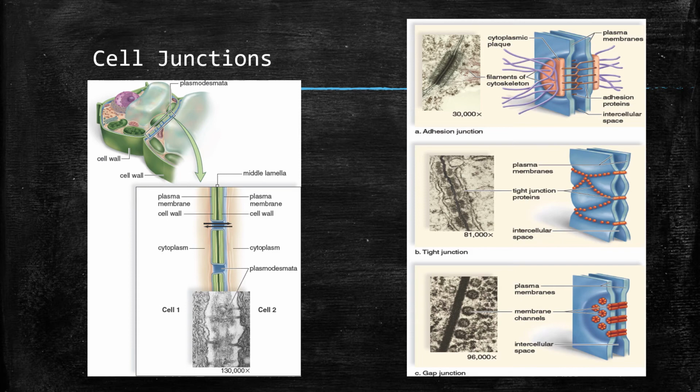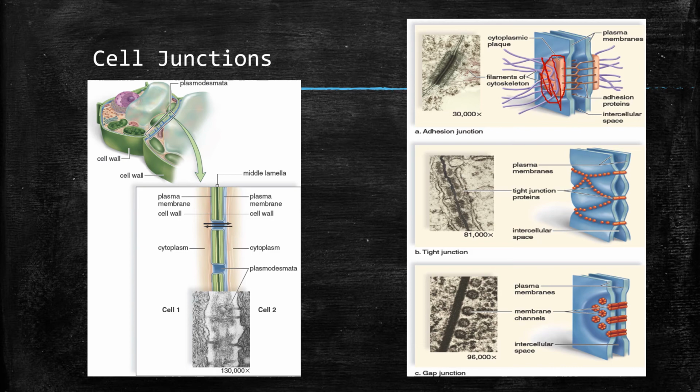Now, in animal cells, we have just a few that we're just going to briefly touch on. And the first is an adhesion junction. And so what that looks like is, if you can look here, there are these plaques that form, and that's part of the cytoplasm. And then lots of densely packed areas of intermediate filaments of the cytoskeleton.